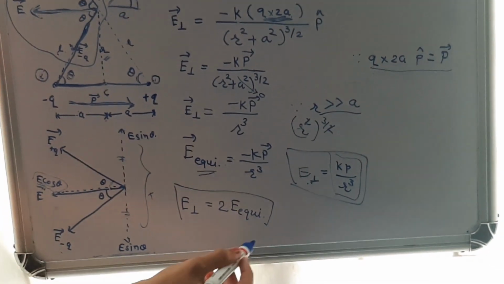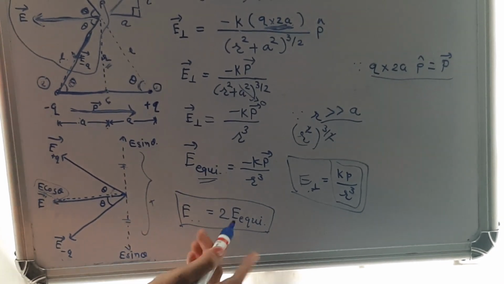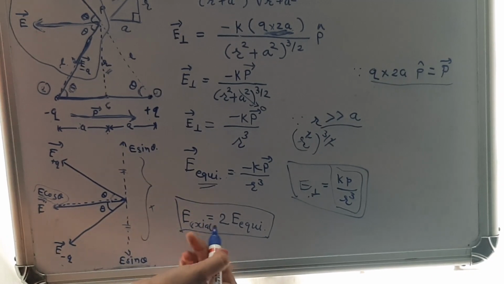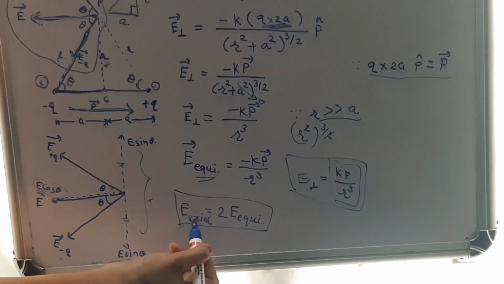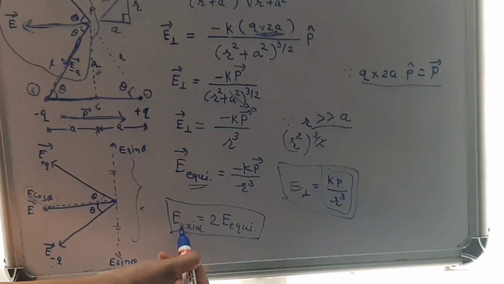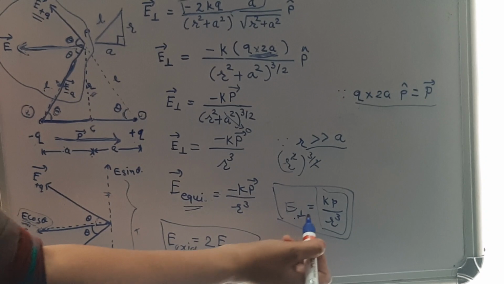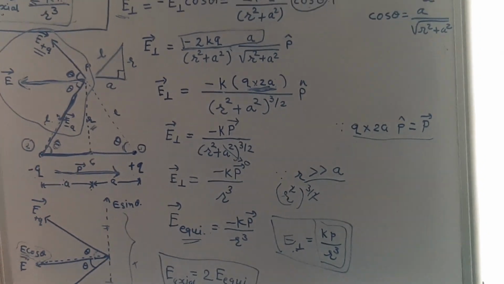So I can write, sorry, not E perpendicular, E axial is equal to 2 E equatorial. That is, the electric field on the axial dipole axis is twice the electric field due to the equatorial plane of a dipole.